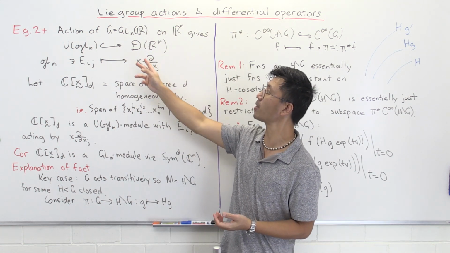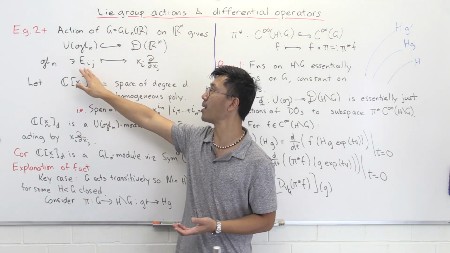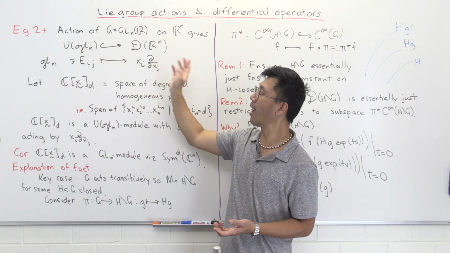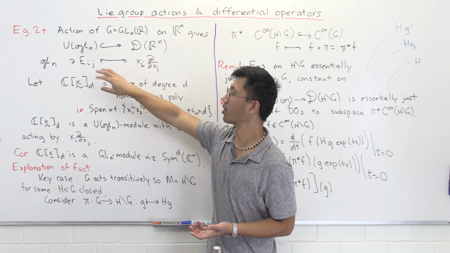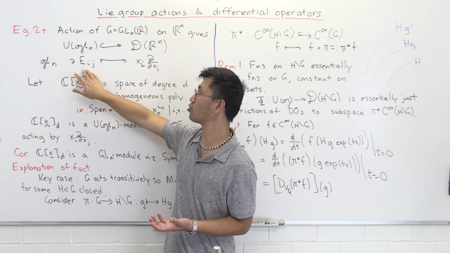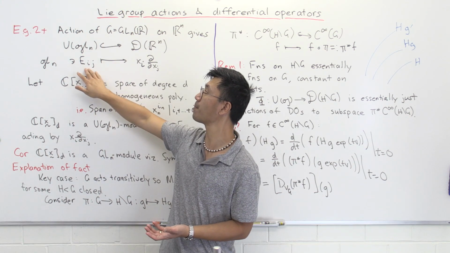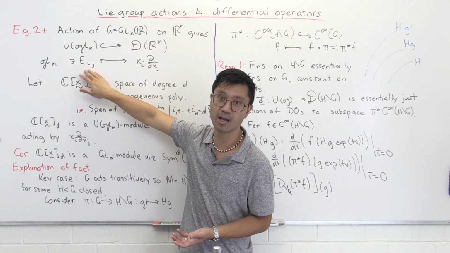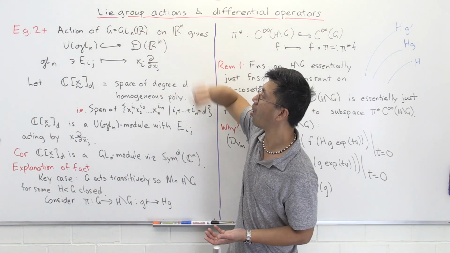And so we saw in the special case what happens when n equals 2. We saw one of the standard basis matrices, (0 1; 0 0), got sent to x1 d/dx2, and I hope you can guess how generally this map should work. So if you let E_ij be the standard basis matrix, which has a 1 in the ith row, jth column position and 0s elsewhere, so this is an element inside this gl_n, and it's a basis vector, it will get sent to x_i d/dx_j, which is clearly a differential operator on R^n.